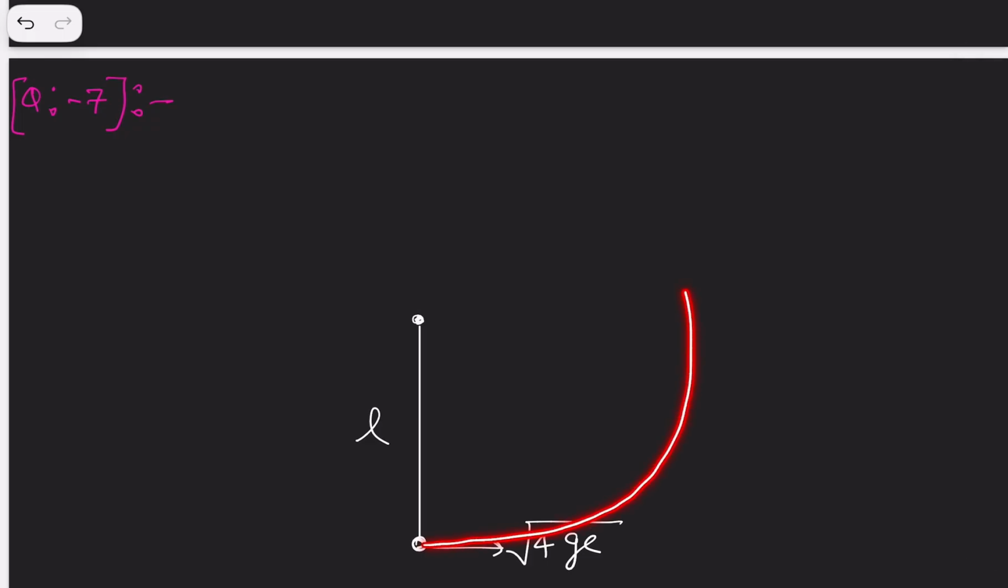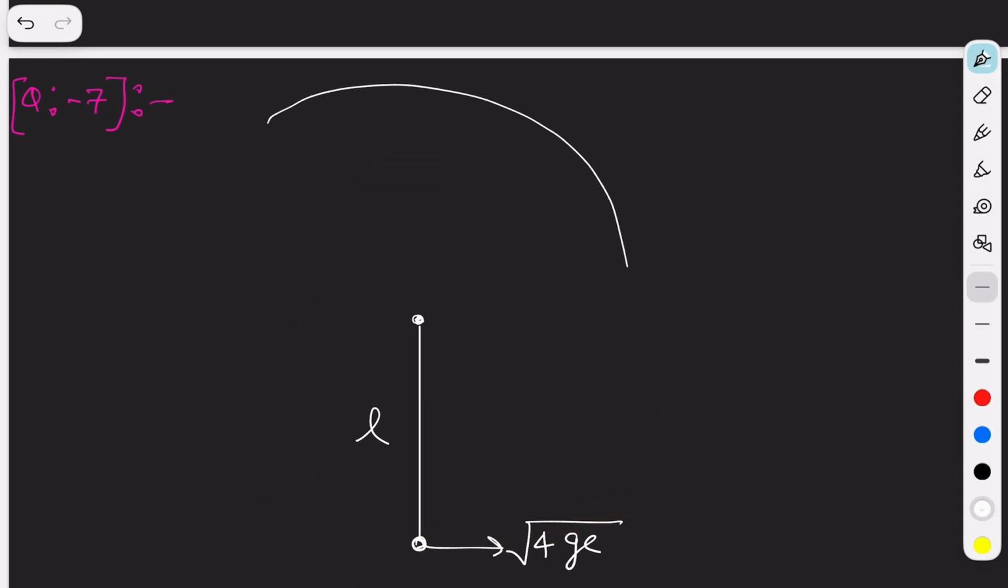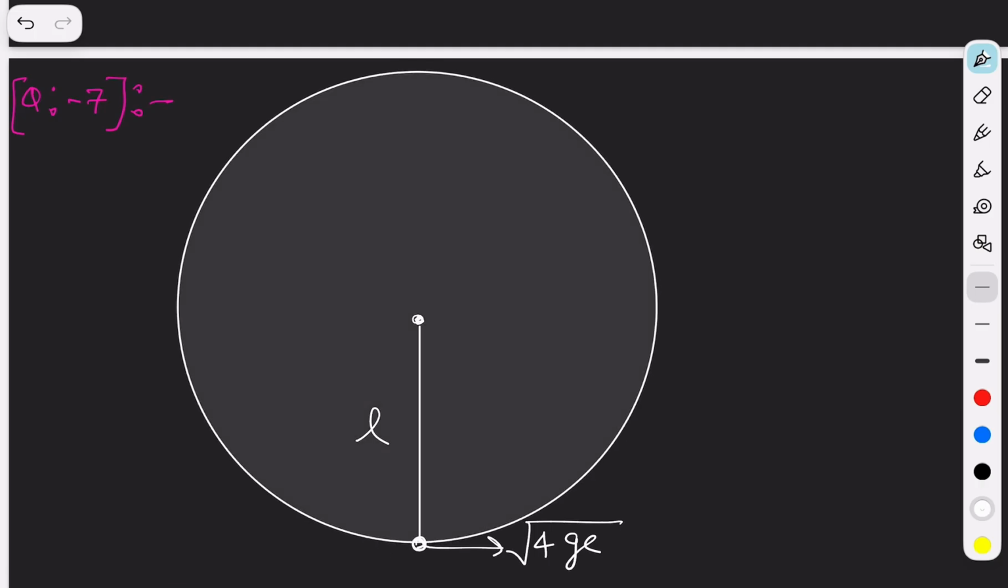So let me make the diagram for you so that you can try this problem. Let's say here at this point the string slacks, and the particle goes like this and does the projectile motion something like this.